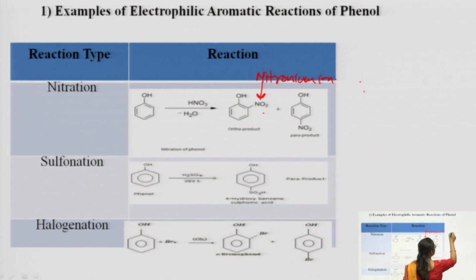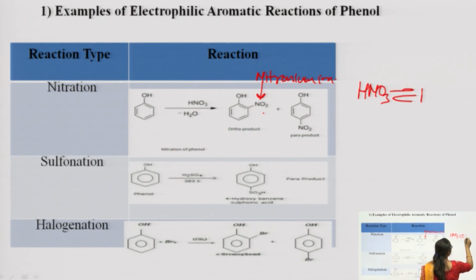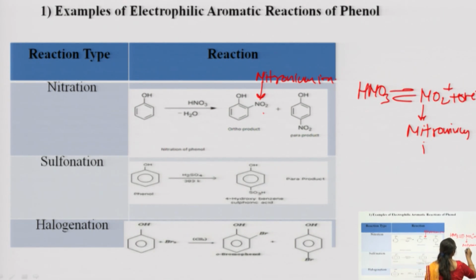See, this is nitric acid, HNO3. It dissociates into NO2 plus and OH minus. This NO2 plus is the nitronium ion. So you have seen that the nitronium ion is positive in nature. That means it is an electrophile, so the electrophile can go and bind to the ortho and para positions.